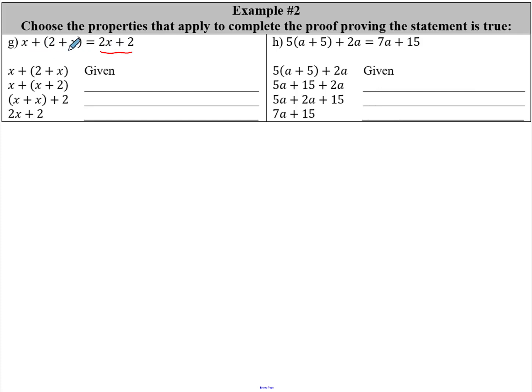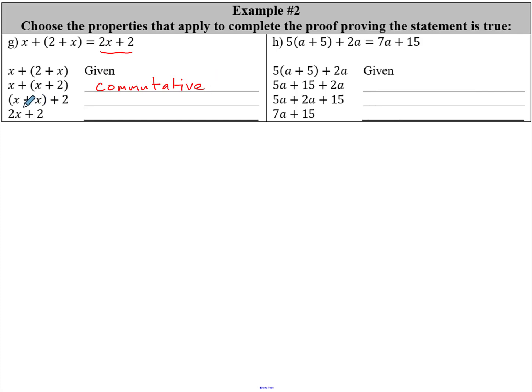So if we're starting with our left side, our expression on the left, we have our given x plus 2 plus x. And then the second line, what is actually changing here? Well, we got the x plus on the left side, that's remained the same. It looks like we had some movement of the order of the terms right here. So that is going to be our commutative property. Commutative.